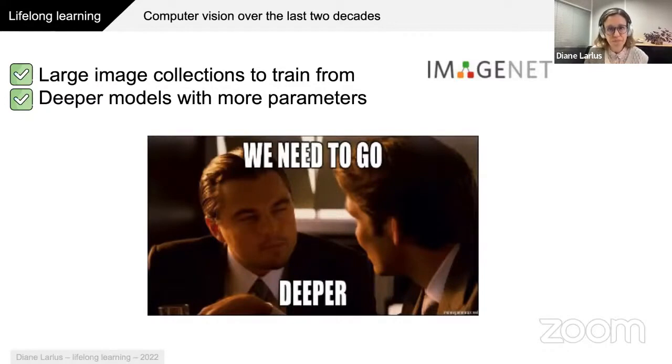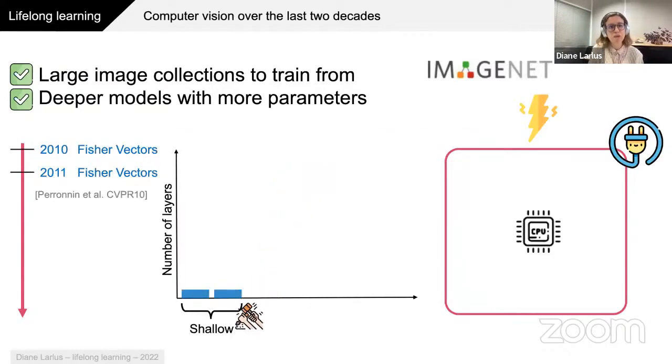the ImageNet challenge. So the first two years of the competition, 2010 and 2011, the best approaches were still based on local handcrafted descriptors that were then aggregated into global representations such as the Fisher vector. So those would capture low-level information such as contours, textures, and they were really handcrafted.